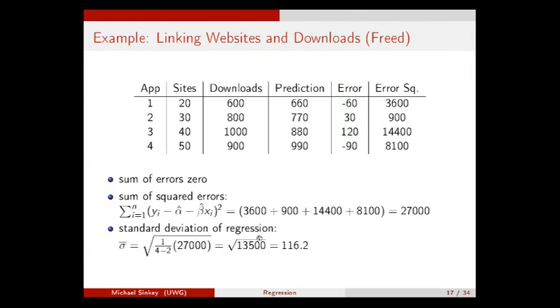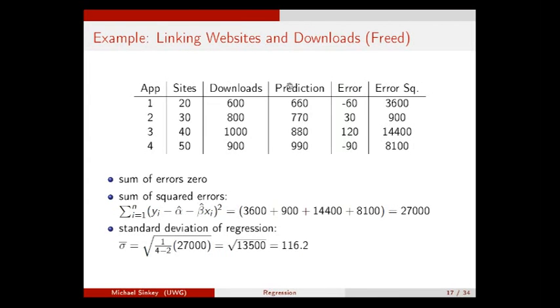My prediction is 660. The actual data is 600. And how do I make the prediction? I have y hat is equal to 440 plus 11 times 20, which is 660.